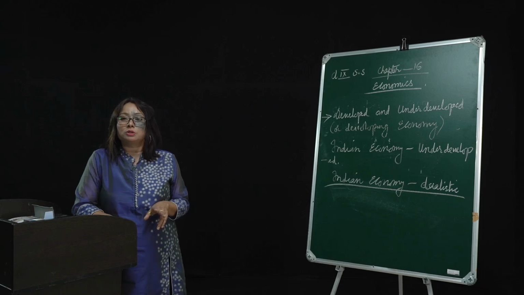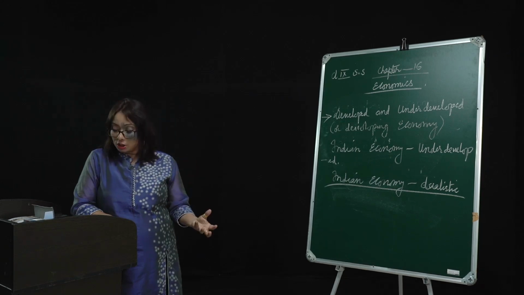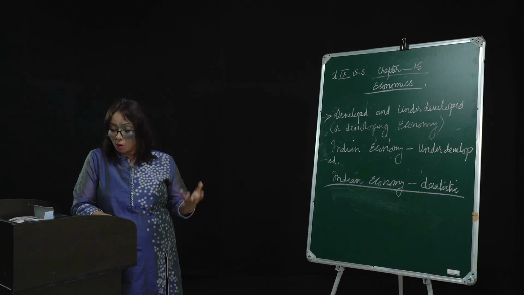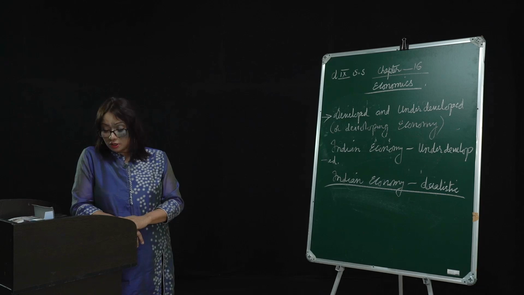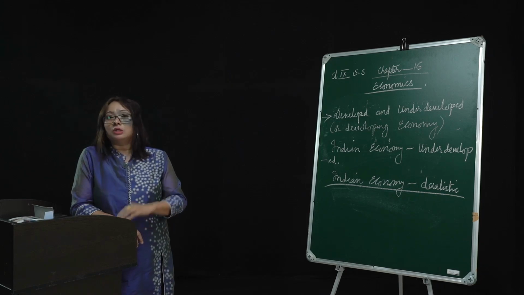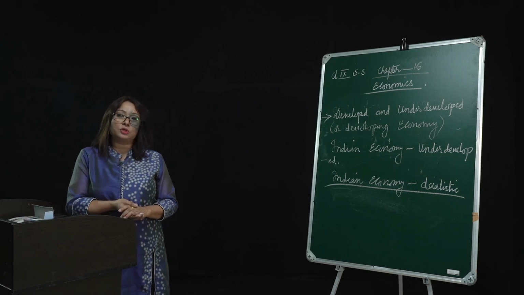Okay, so Indian economy is called a dualistic economy because there is the existence or presence of both the traditional as well as the modern economy, a combination of both. Presently, the structure of our economy is dualistic in nature. How? In the traditional sector, labor intensive techniques are used in agriculture.